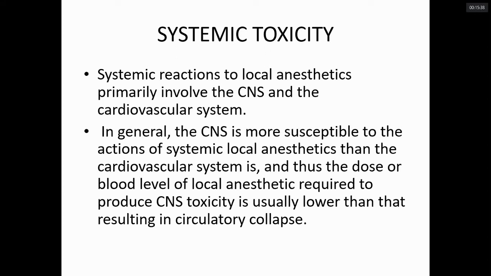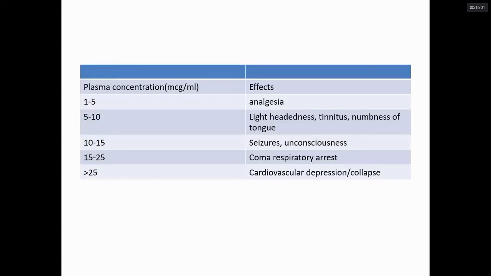Basically, under lower plasma concentration, CNS effects are seen, and if the plasma concentration is higher, then cardiovascular toxicity is seen. And thus, the blood level required for local anesthesia to produce CNS toxicity is usually lower than that required for circulatory collapse.